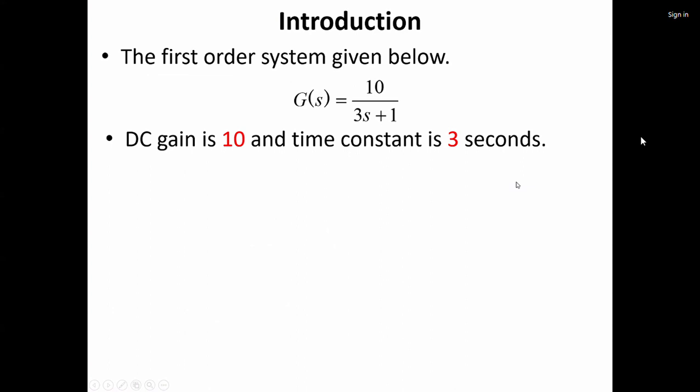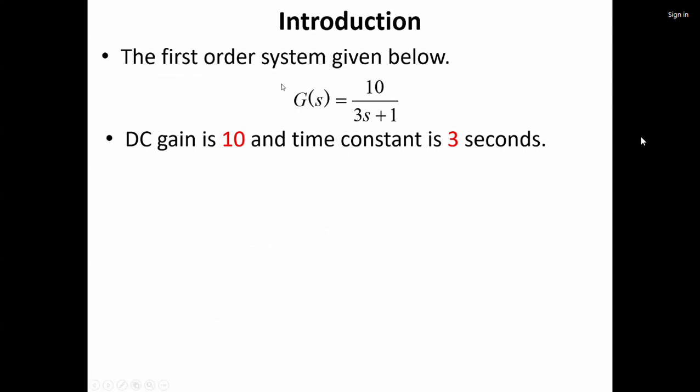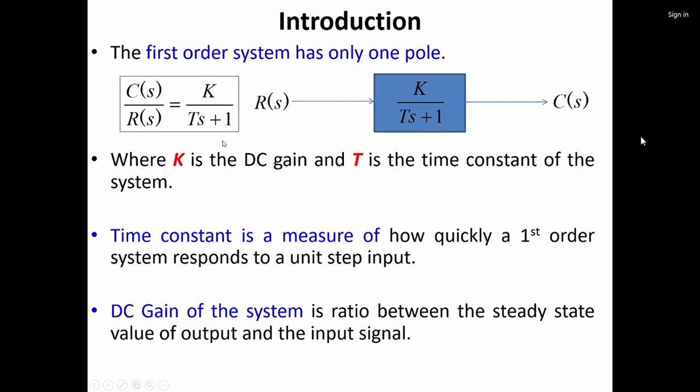Now, if you take another system, which is represented as G(s) = 3 divided by s plus 5, how do you know the gain and time constant? You have to bring it to this form, K divided by 1 plus Ts.